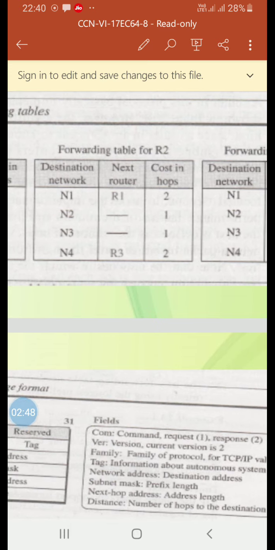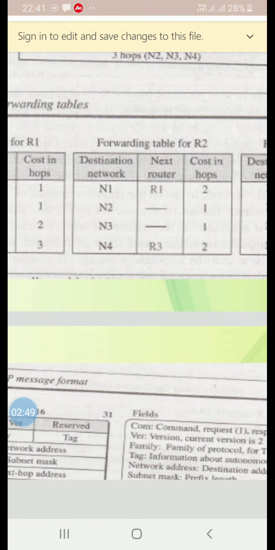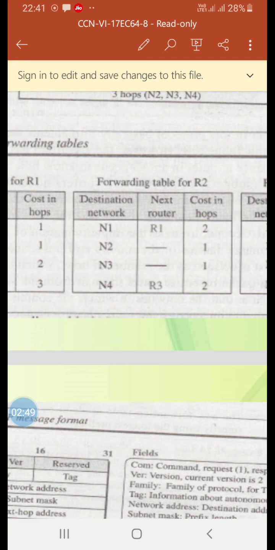forwarding tables. A distance vector algorithm is concerned with exchanging distance vectors between neighboring nodes, routers in an autonomous system. So routers have to keep forwarding tables to forward packets to their destination networks.